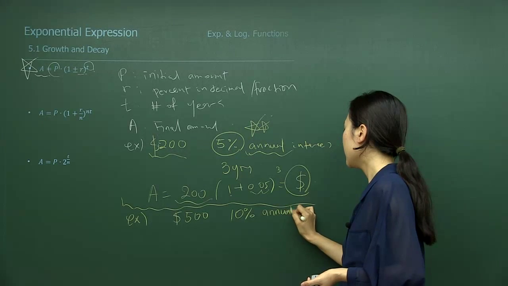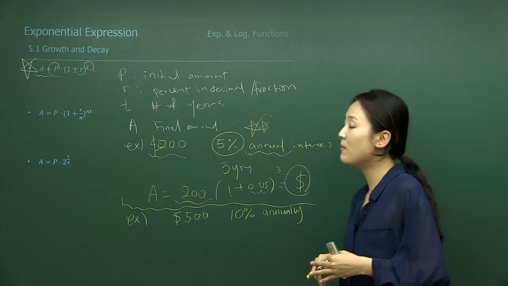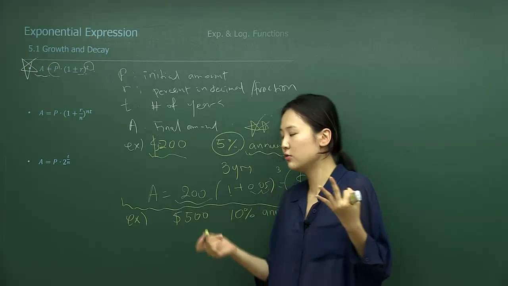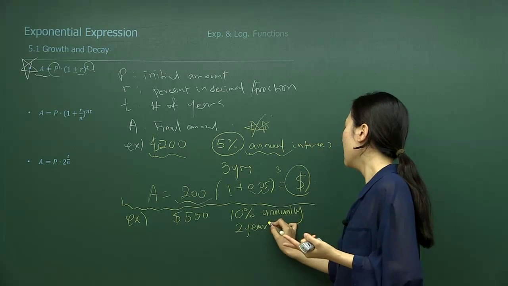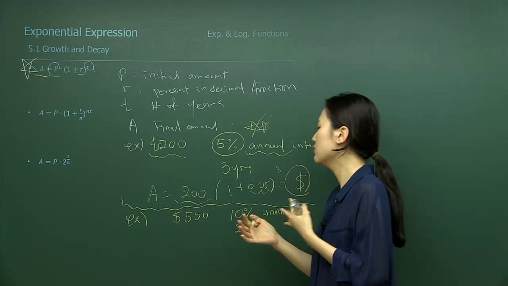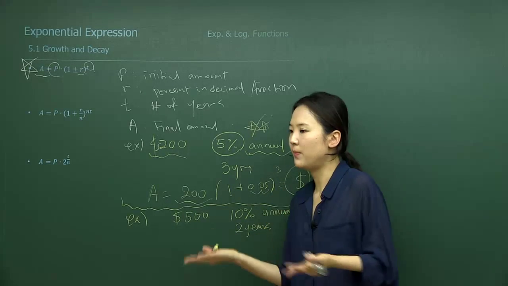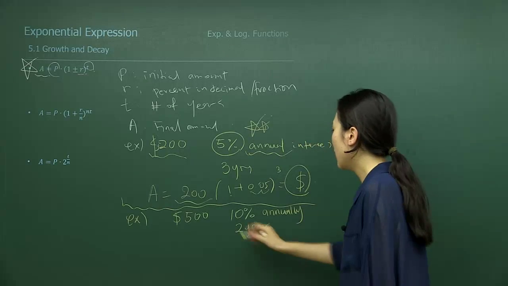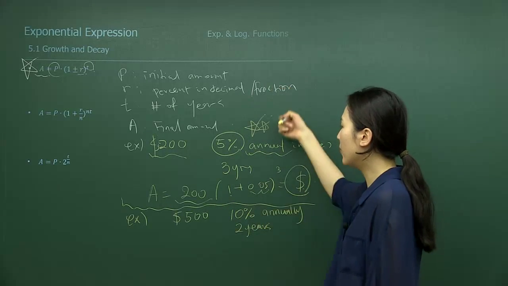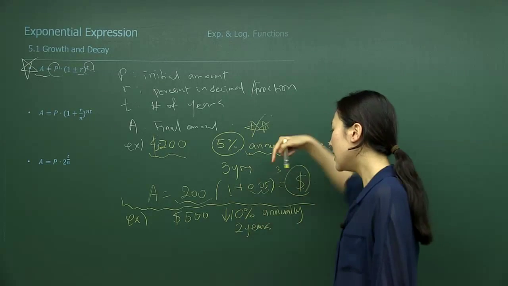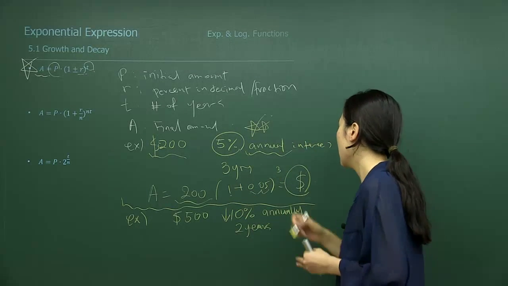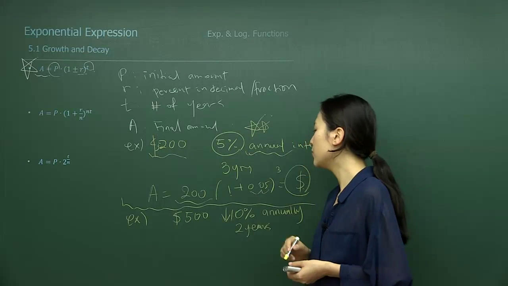And you want to see how much your car will cost in 2 years. So after 2 years, how much money will people pay for your car, basically? So it's going down. Before it was going up, but this time it is decreasing at 10% annually for 2 years.